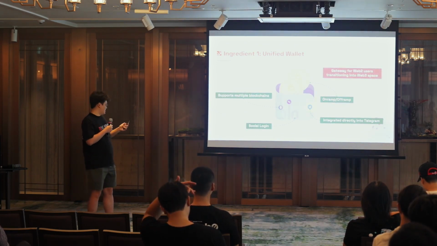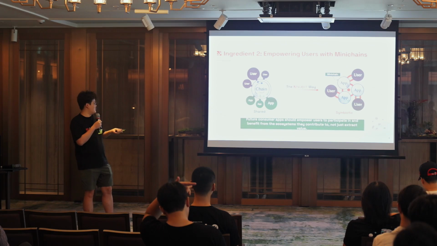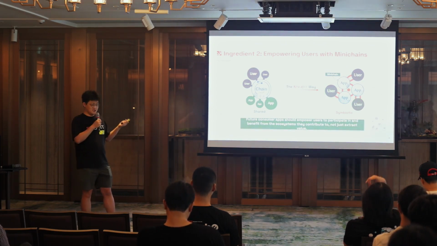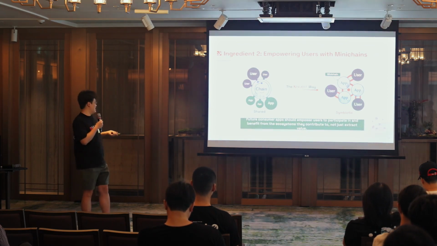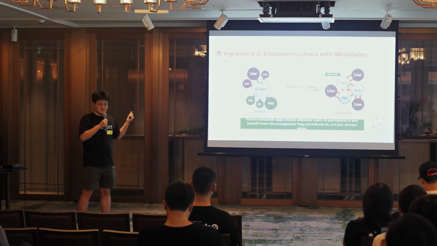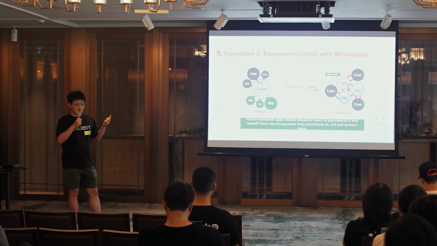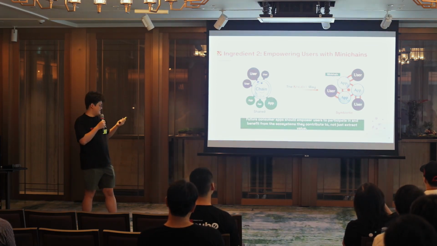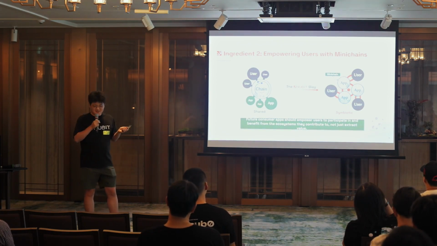The second ingredient I want to highlight is to empower users and developers with their own mini chain or their own chains. On the left-hand side, you can see there are chains that are trying to onboard all the applications and the users. And if you think about it, it doesn't make sense.